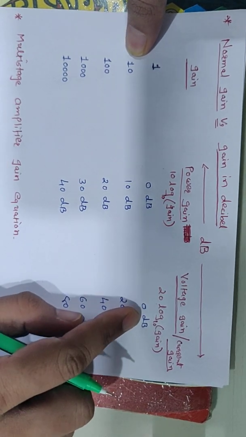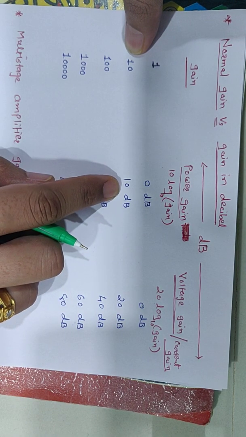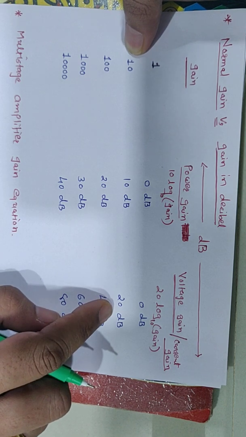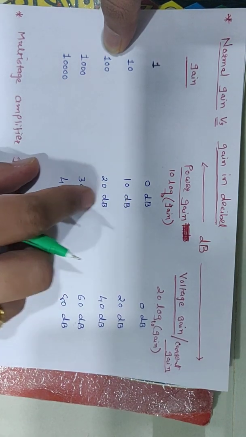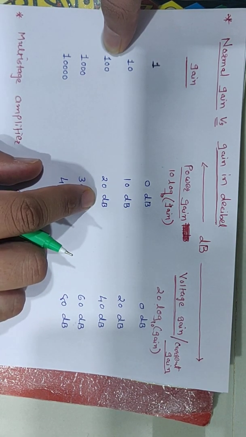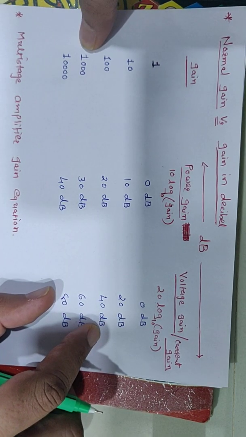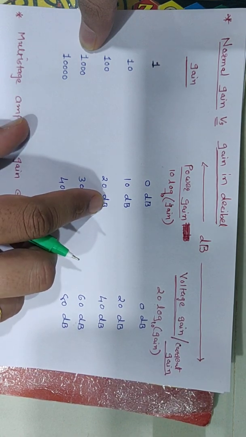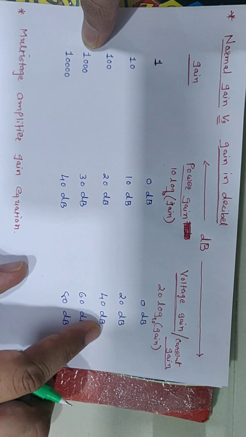If we put the gain 10, then the power gain will become 10 dB, and the voltage and current gain will become 20 dB. If we increase one more 0 in the gain, this will become 20 dB, and this will become 40 dB. Again we increase one more 0, this will become 30 dB, and this will become 60 dB.